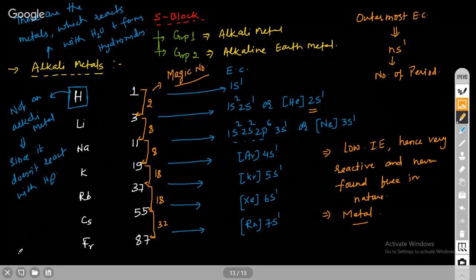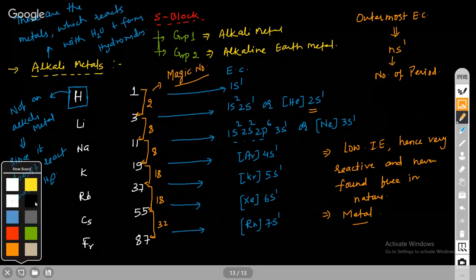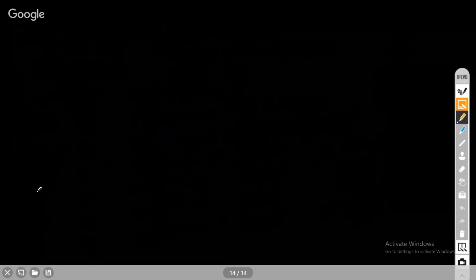Now the important point here, where you can put some logic and understand, is the general trend of alkali metals. So write down the heading next, general trends.